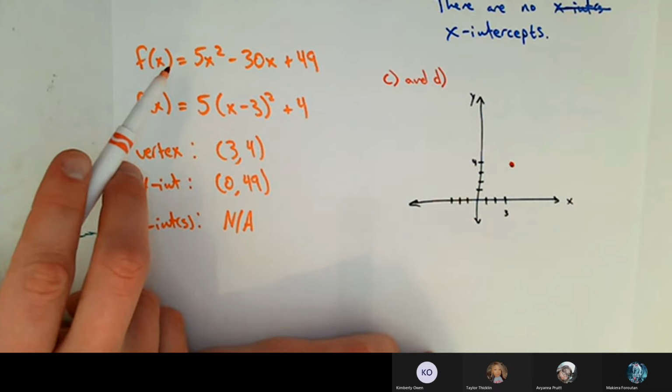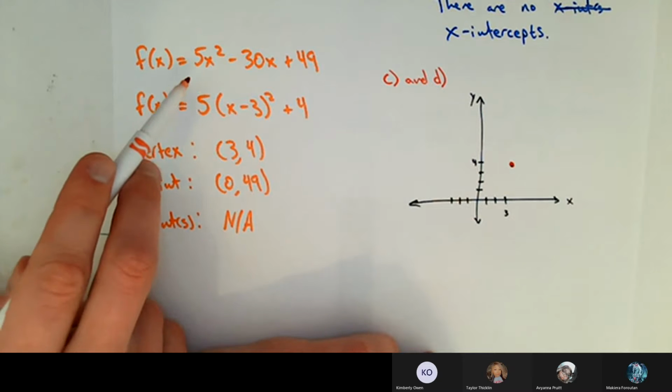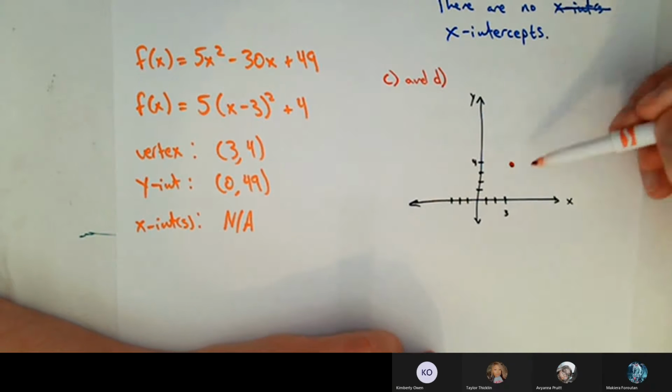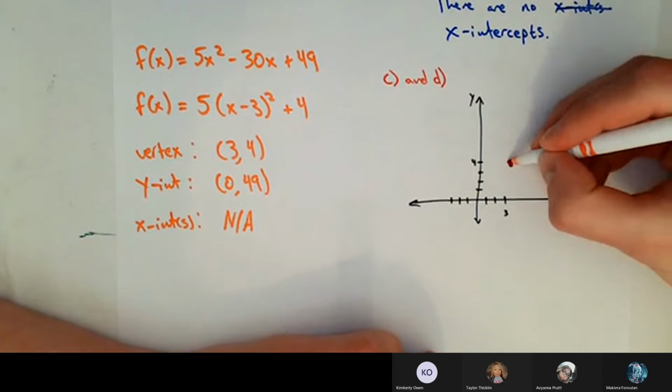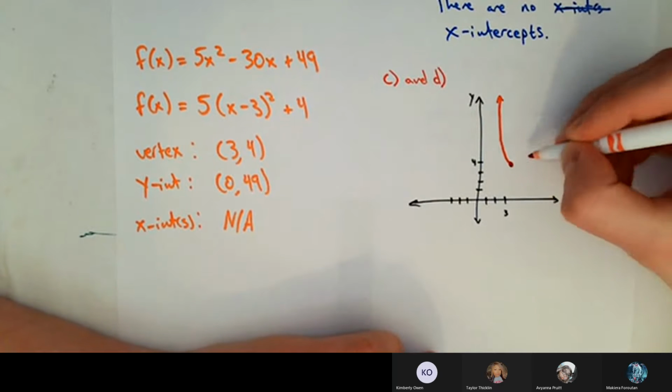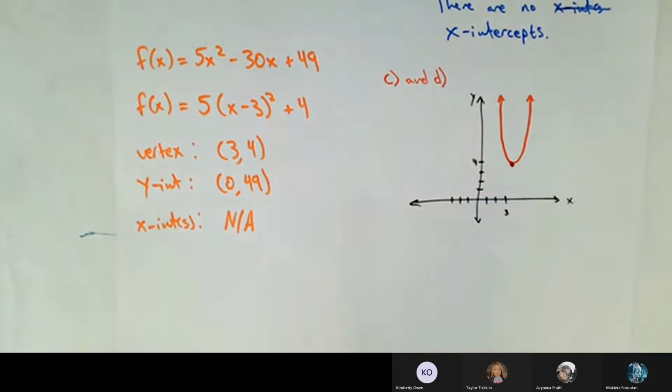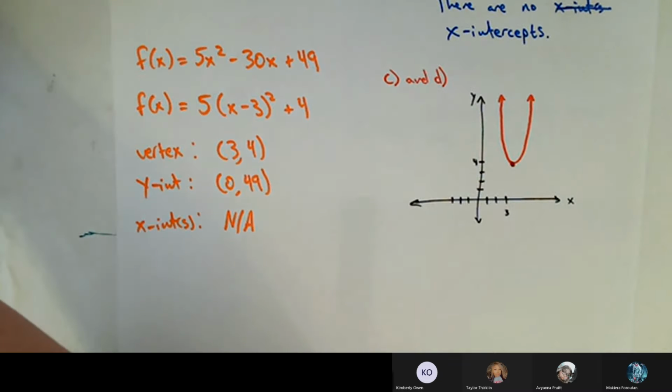Moreover, from last chapter, I know that this 5 outside is going to be stretching this thing up vertically by 5. So it should not be a really wide parabola. It should be a really narrow parabola. So something like this.